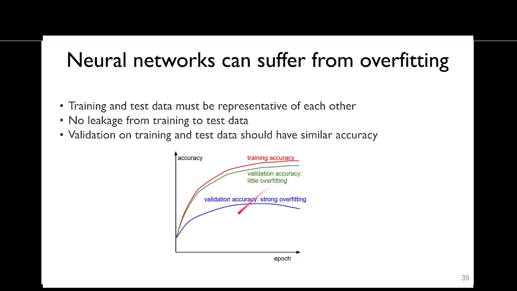But if we see that on our validation data set the accuracy is not really going that far up, and across epochs is even going down, then this is an indication that there is strong overfitting. And that essentially means our neural network has learned the data by heart.